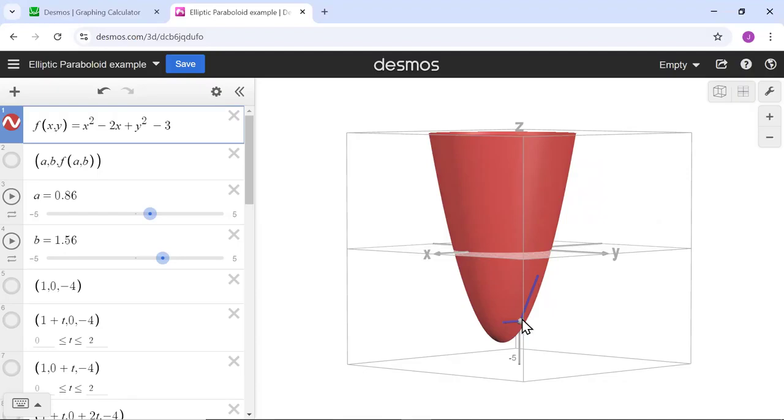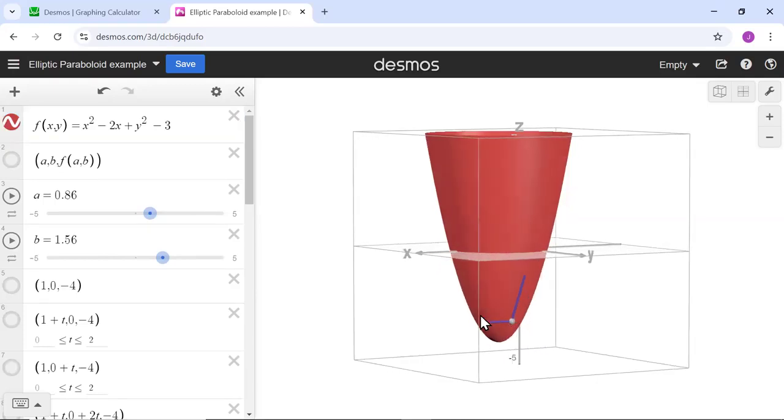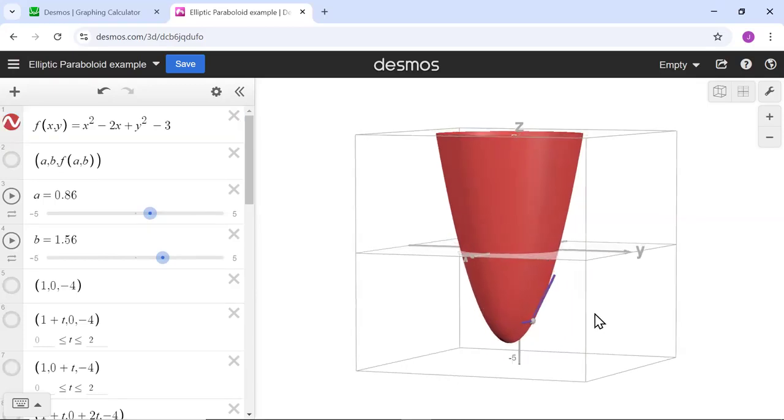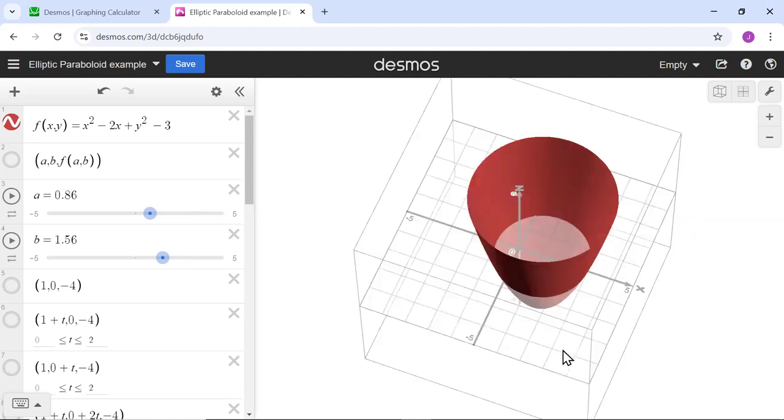If you change y, you're moving in this direction. If you change x, you're moving in this direction. And notice that what we were told is that if we're moving in the direction (0, 2), we're getting maximum change.